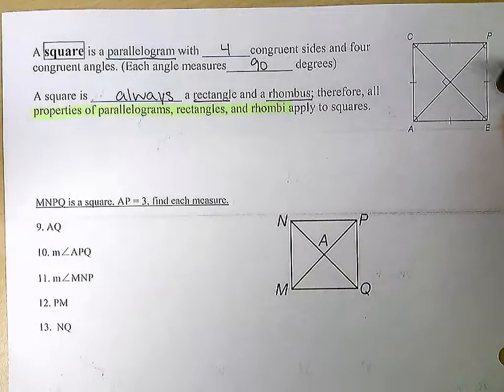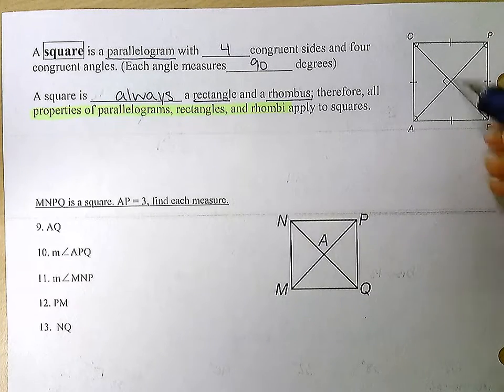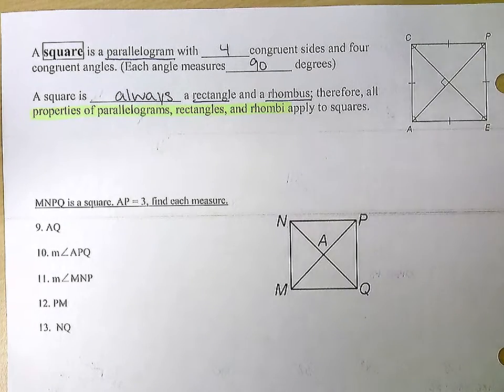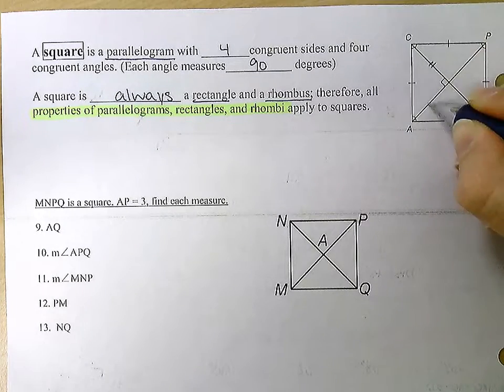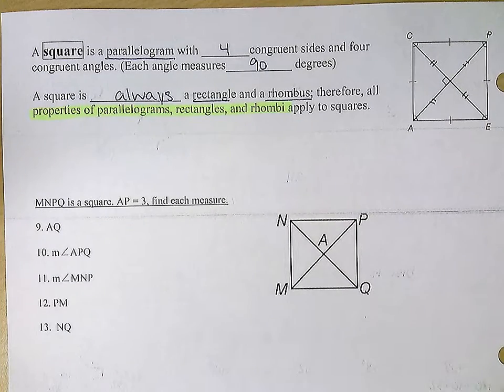Your diagonals are congruent, they bisect your angles, your diagonals are perpendicular. Each piece of your diagonal is congruent, opposite sides are congruent, opposite angles are congruent. All of those properties apply to this square.